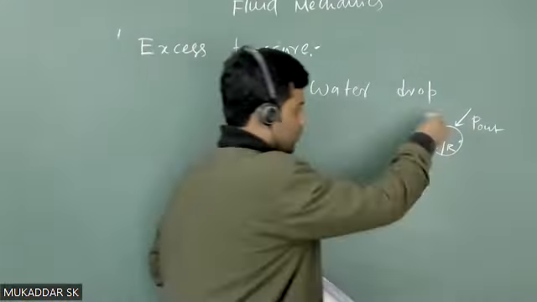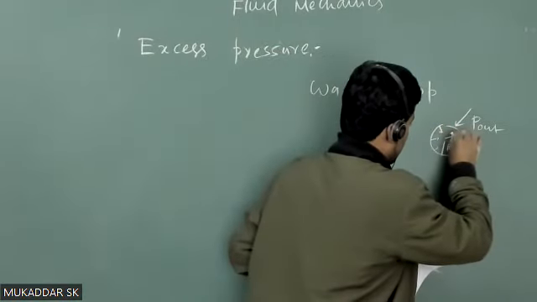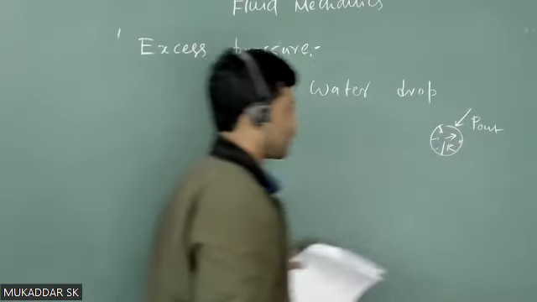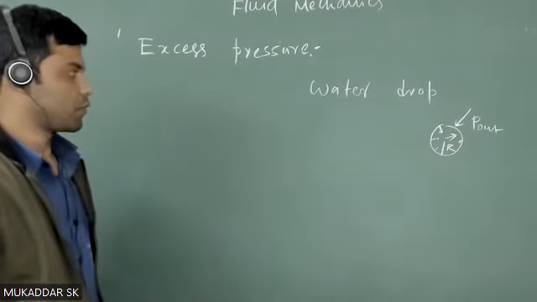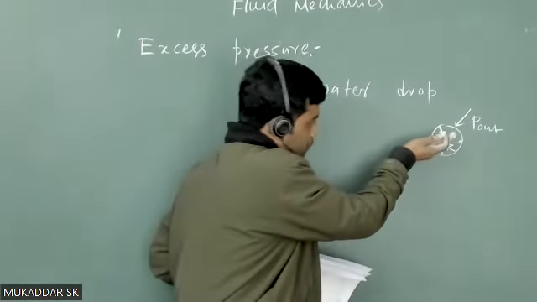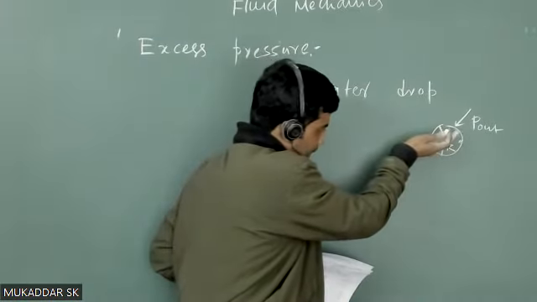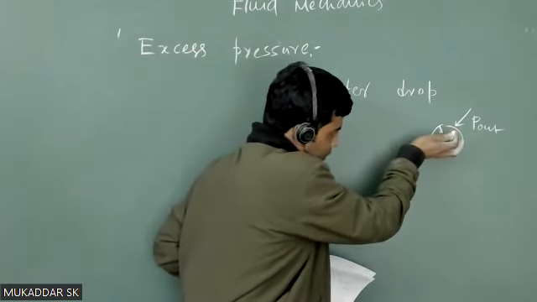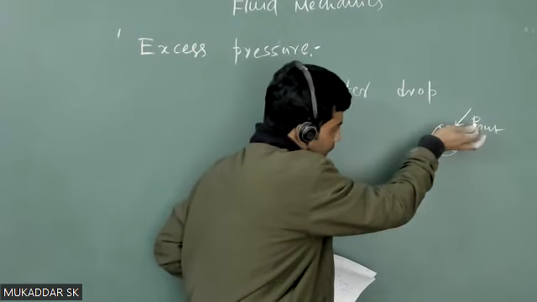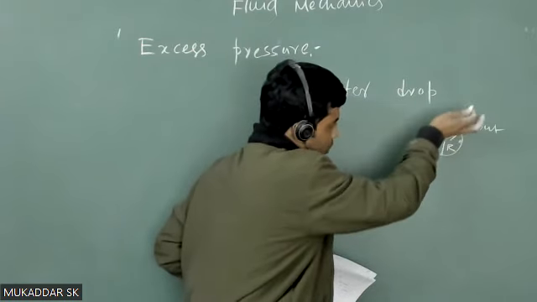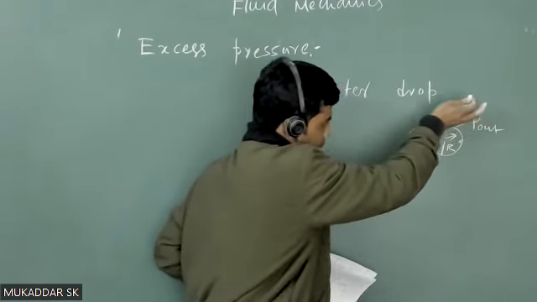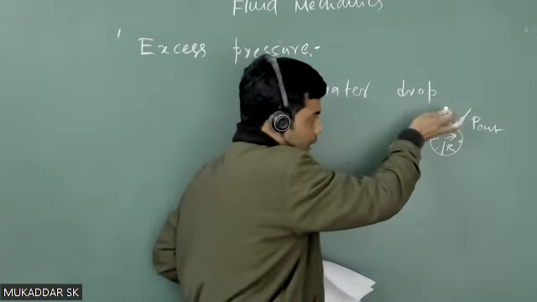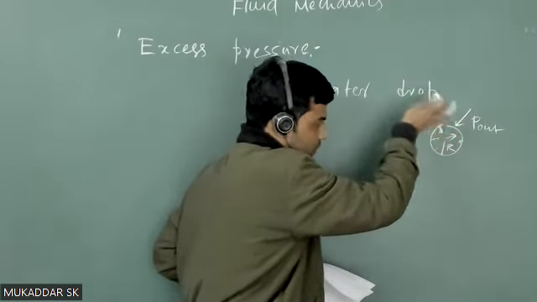But this liquid drop is stable because there is an outward pressure acting away from the center, and that is balancing the pressure acting towards the center and also the surface tension acting towards the center.